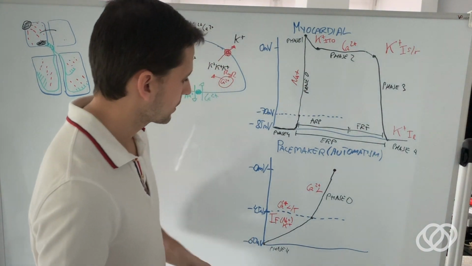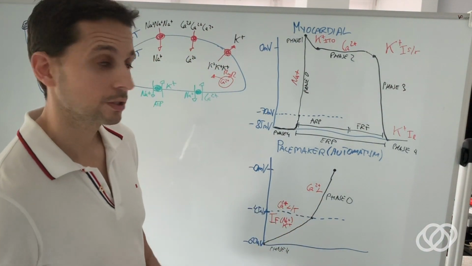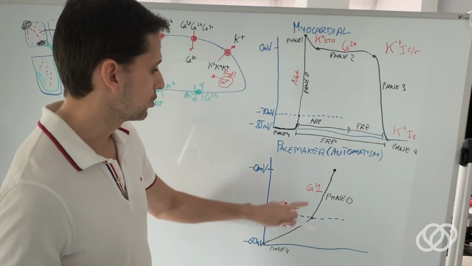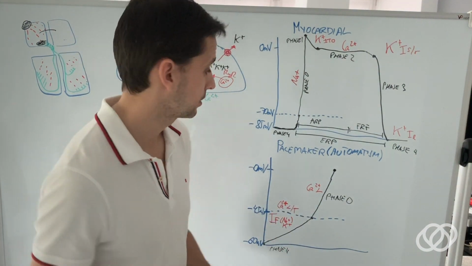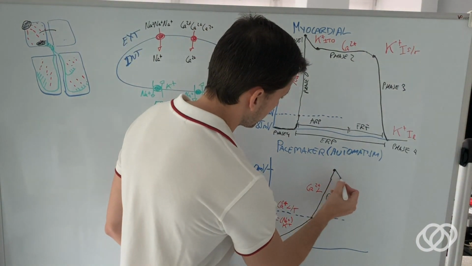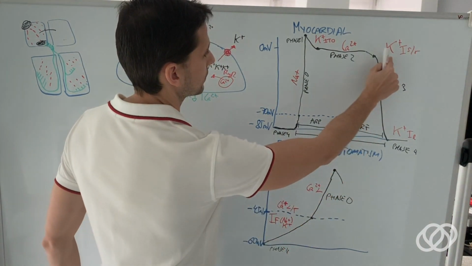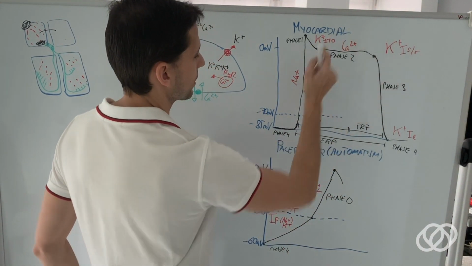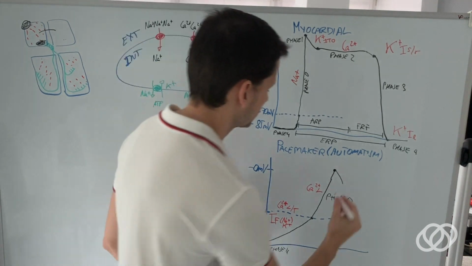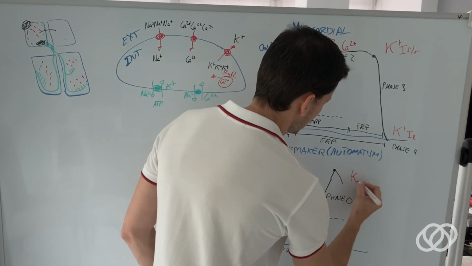Then what happens? The calcium channels are going to close, and then new channels will open. Which ones? The same that we have here in the phase 3 of the myocardium. So potassium channels.